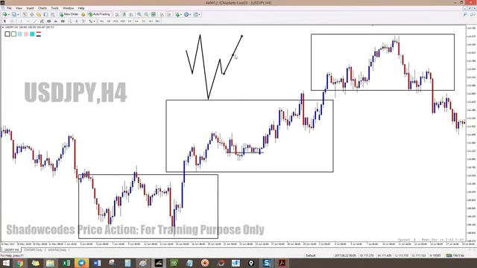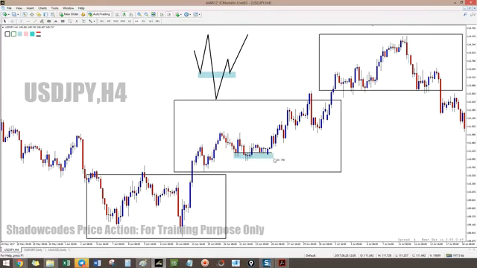This is for buy setup. Okay, is it the same? Yes, it is the same. So you can find it here. This is for entry purposes.